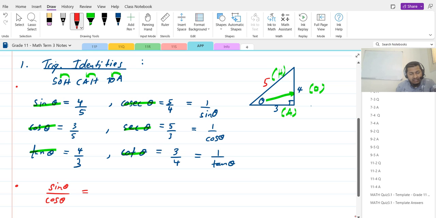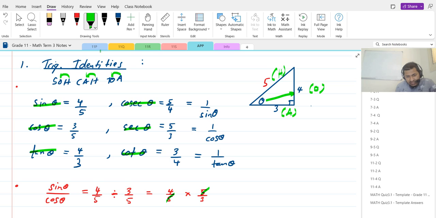Sine theta is 4 over 5, divided by cos theta, which is 3 over 5. And remember to reciprocal this and change the division into multiplication. So what we have is 4 over 5 times 5 over 3. As we can see now, the 5's cancel out, and the answer is 4 over 3.